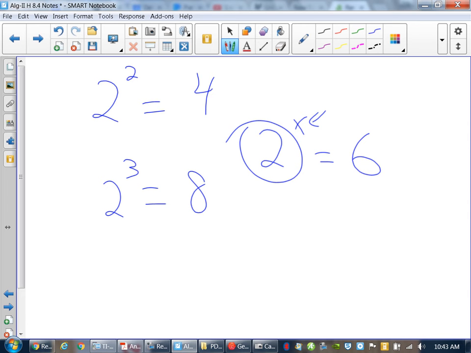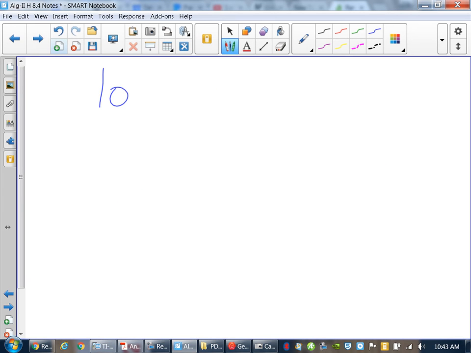They are one and the same, but one has the word log in it. Let me show you. One of those forms is logarithmic. The other form is exponential.